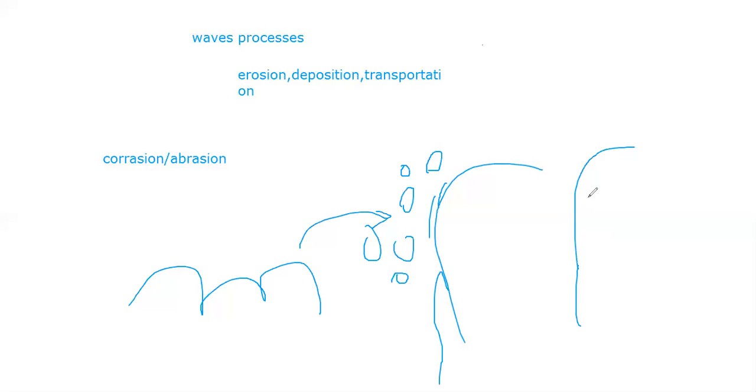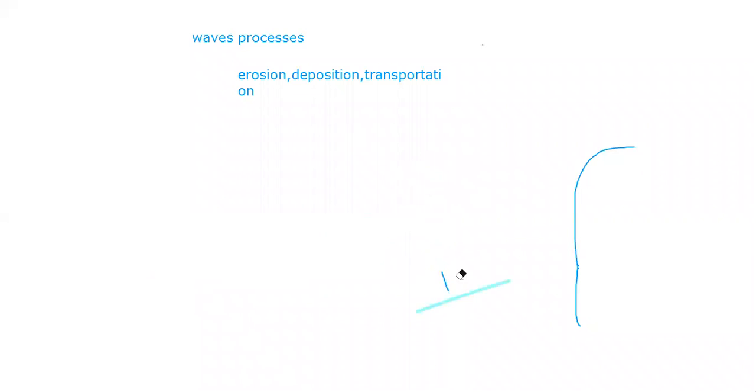Good. Now the next process of coastal erosion is what we would call corrosion. Now, this is actually an easy one. When something is corrosive, or when corrosion takes place, you know that some form of breaking down occurs, right?